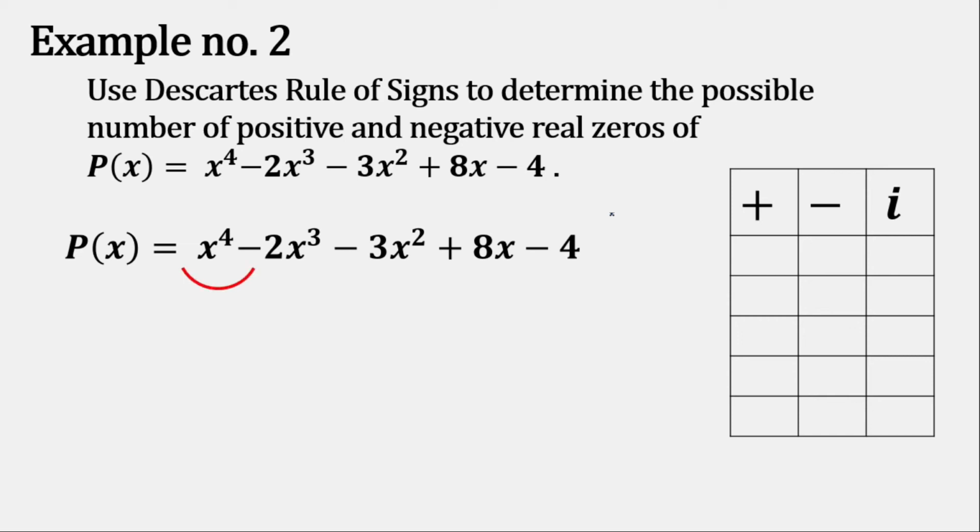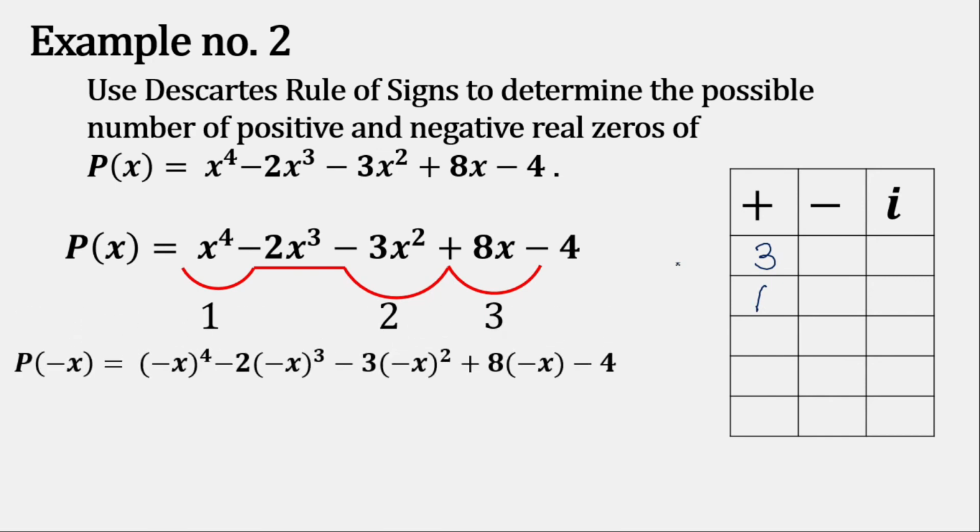From positive to negative, that is 1. From negative to negative, that is none. From negative to positive, that is 2. And from positive to negative, that is 3. So we have 3, or 3 minus an even number, which is 2. That would be 1.